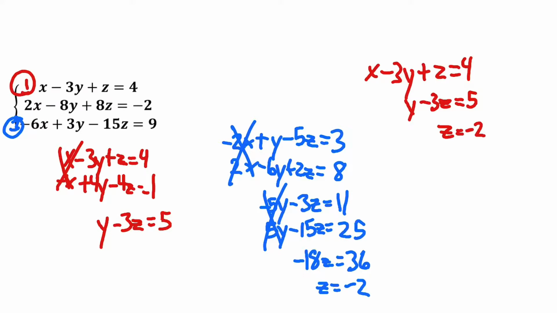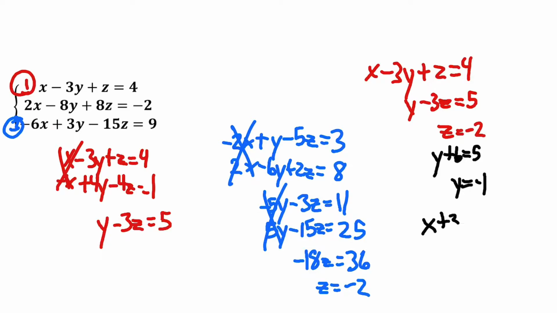So at that point, I'm going to just plug these into the other equations. y minus 3 times negative 2 becomes y plus 6 equals 5, which means if I subtract 6, y equals negative 1. And then at that point, I just plug both of those in.